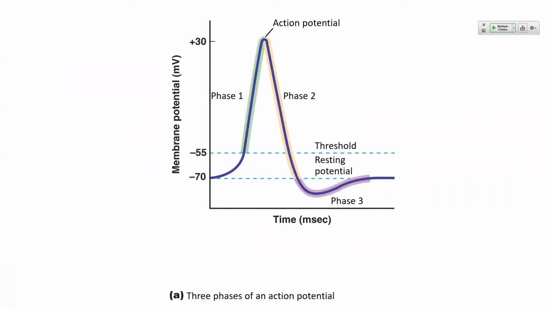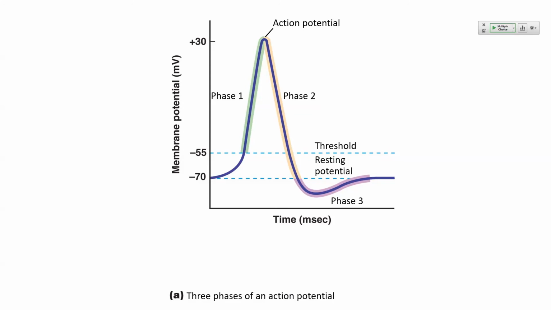Okay, so on this graph here, we can see that negative 70 that we've spent some time talking about. But we can also see that from that negative 70, we can do some different things. We can manipulate the membrane potential to generate what's called an action potential. And that is how we can communicate electrical signals along neurons and excitable cells such as muscle cells.